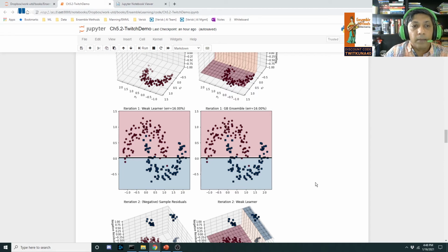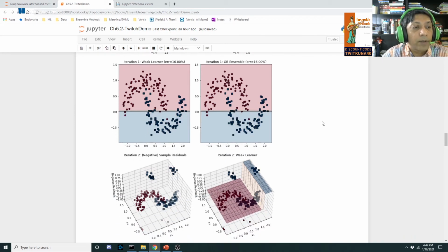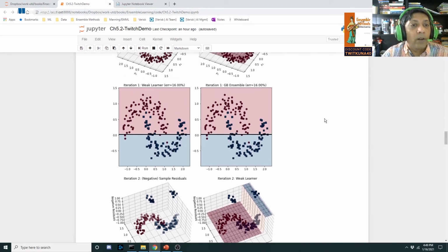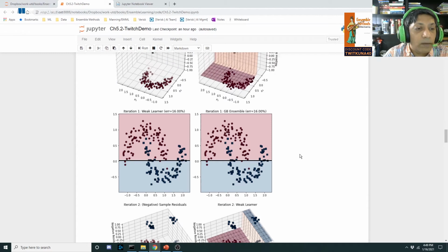So now, when we move on to the next step, we would like to go ahead and train a second weak learner such that it addresses and fixes the mistakes of the first one. So now we're going to have to compute residuals with respect to this ensemble that we have, which currently contains only one example. And so these are the residuals we end up computing. Now, intuitively, just forget the residuals for a second.